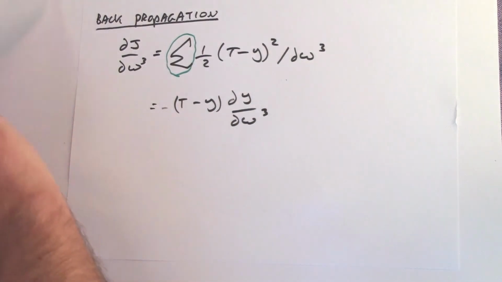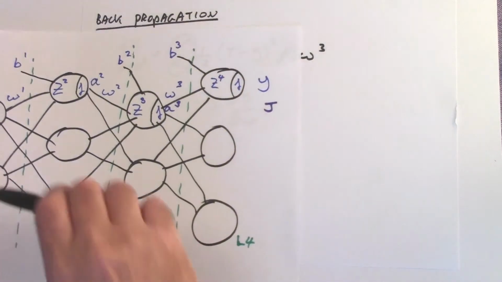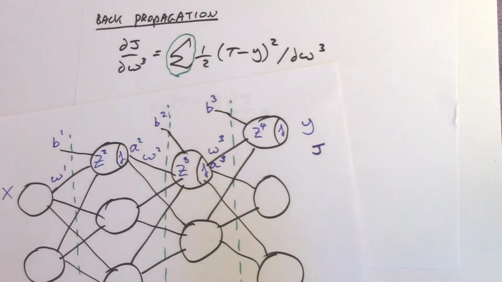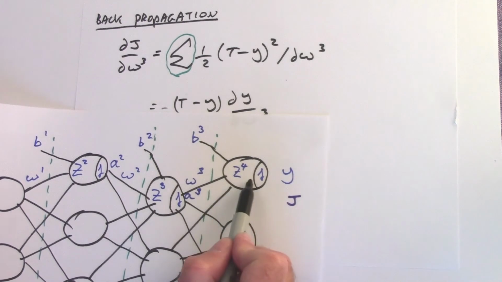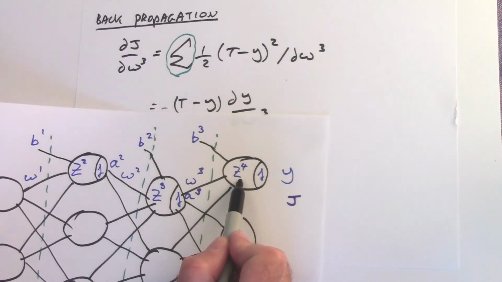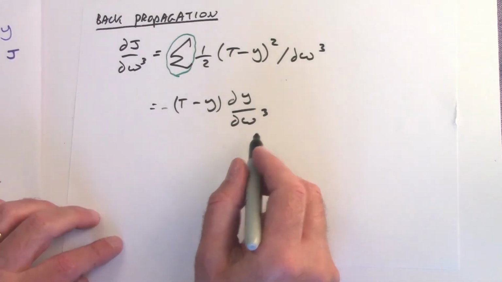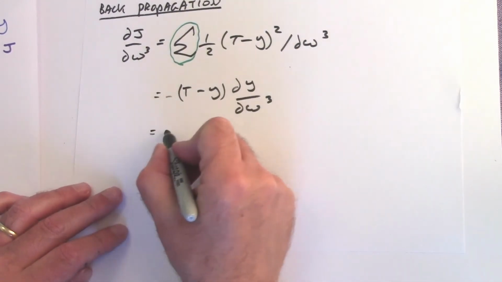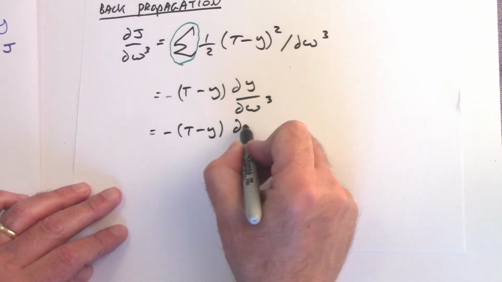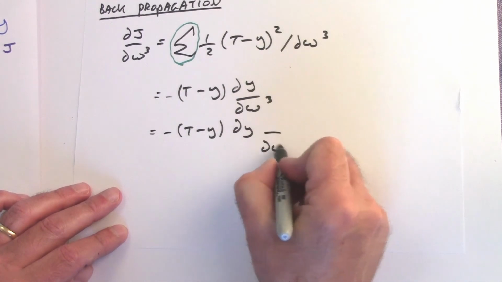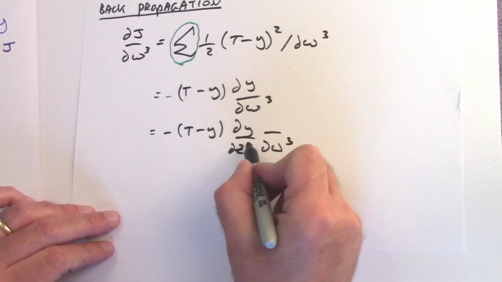If we have a look here, dy by dw3 here is simply, in the way there's a z4 which is a dependent variable. So what we're going to do is use the chain rule here. We're going to split this up, so dy by dw3 gets split and our dependent variable goes in here, and that is dz4.